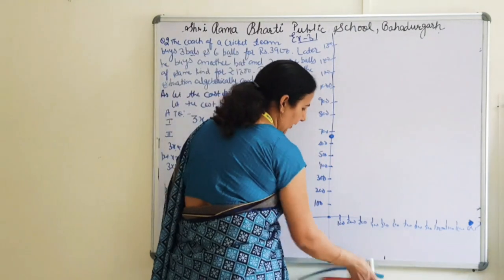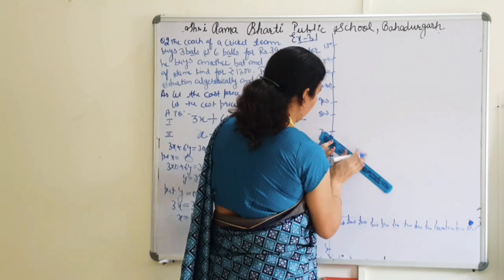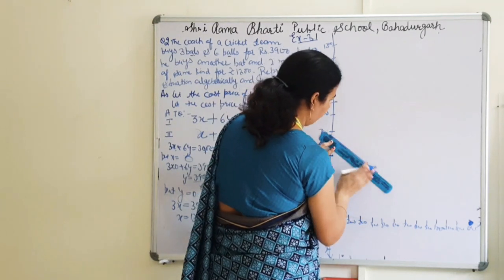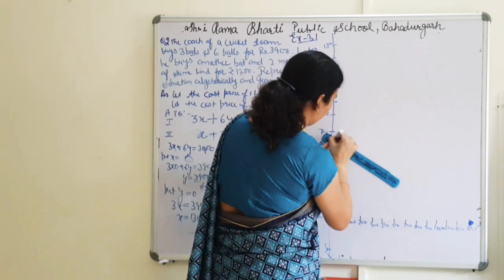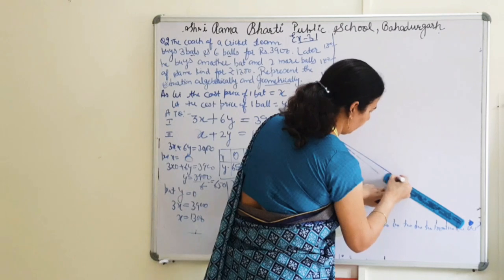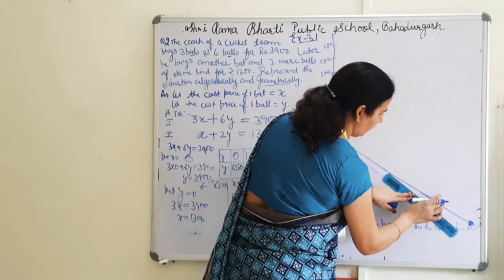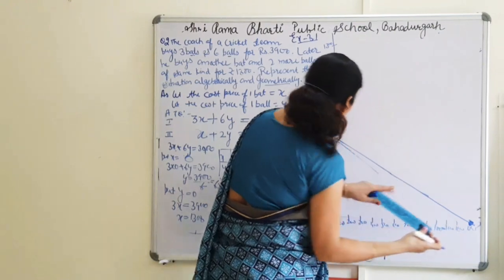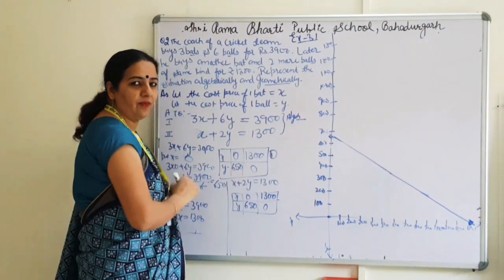Now you all can join these 2 points with the help of a scale. You just join these 2 points. Fine. So this is the line of equation number 1.